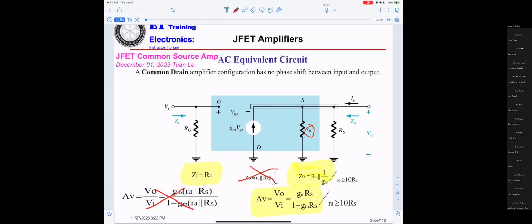So basically, if you want to do calculation, then you can get the formula. A common drain amplifier configuration has no phase shift between input and output. That means the input and output will be in phase. Only common source will be out of phase.